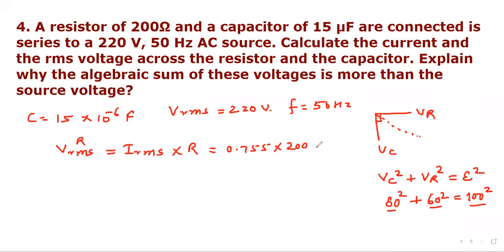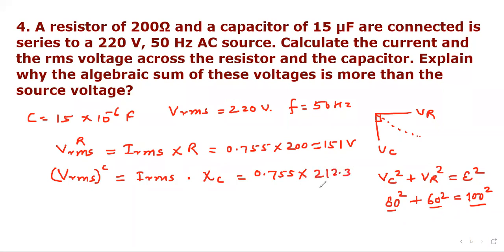So this will be equal to 151 volt. And then VRMS across capacitance, so IRMS times XC. So IRMS is 0.755 into XC. XC we have found as 212.3.